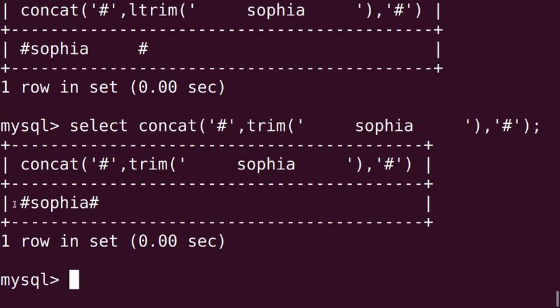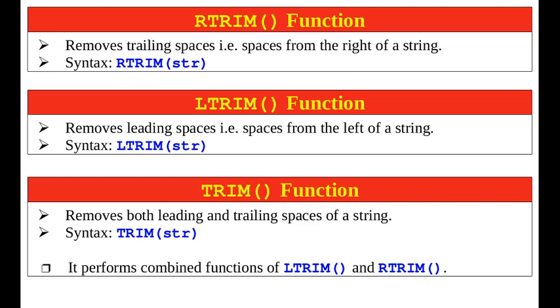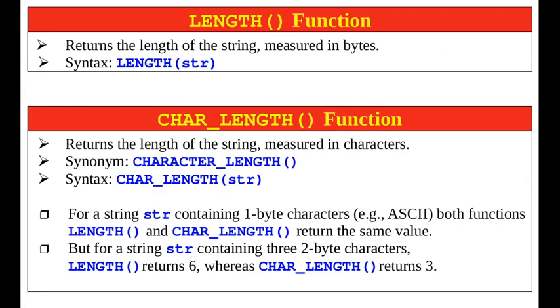So here in the output you can see all the extra spaces except Sophia are removed. Got it? That is all about the trim, ltrim and rtrim. Now next, that is our next slide.